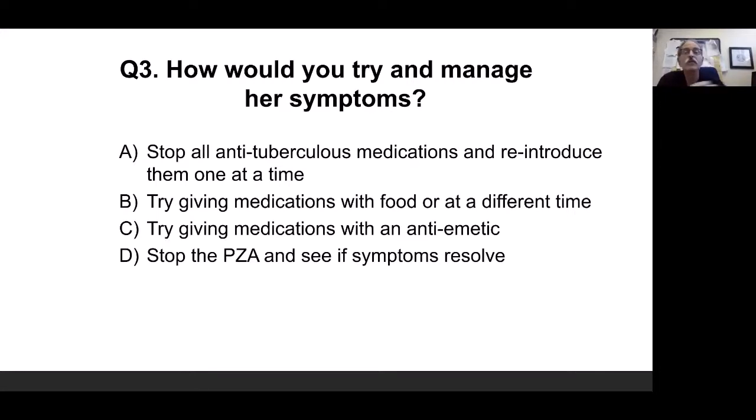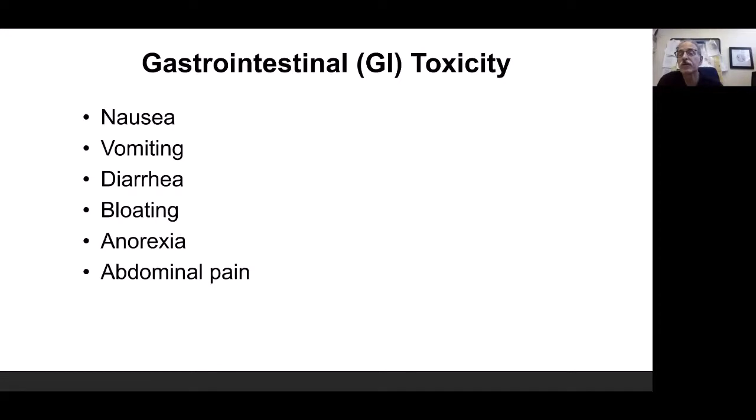So let's talk a little bit about gastrointestinal toxicity. Those are symptoms: nausea, vomiting, diarrhea, bloating, anorexia, abdominal pain. So all things that people complain of commonly, can be mild, can be severe.